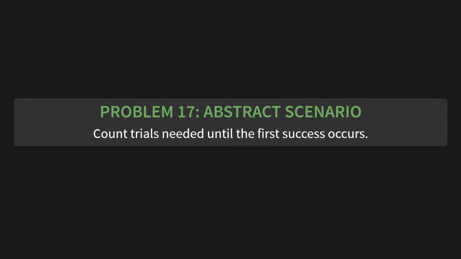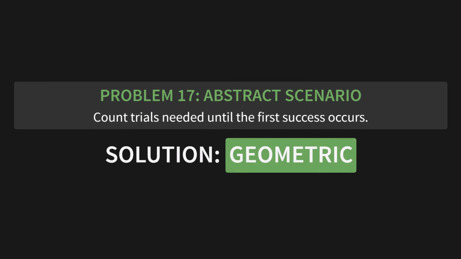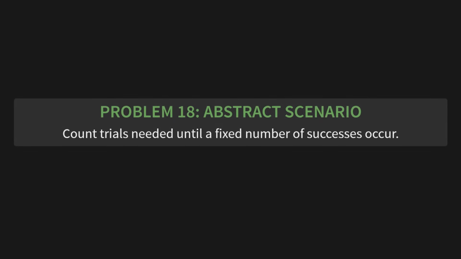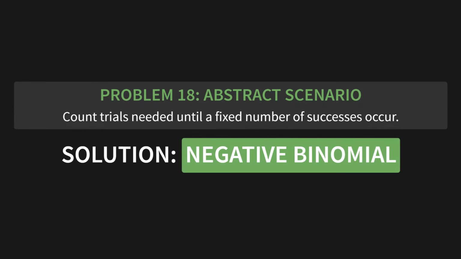Count trials needed until the first success occurs: geometric distribution. Count trials needed until a fixed number of successes occur: negative binomial distribution.